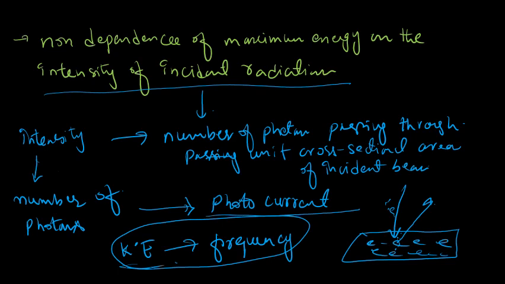As a result, it is emitted from the metal. So increasing the number of photons in the incident beam, that is increasing the intensity, just means increasing the number of emitted photoelectrons. It does not depend on the kinetic energy of the emitted electron.